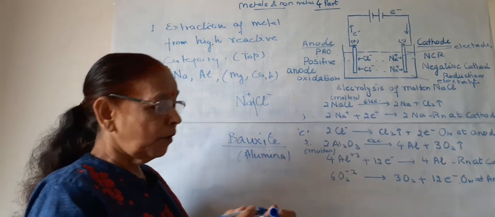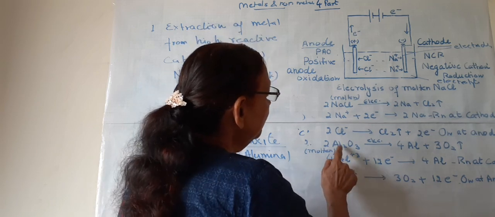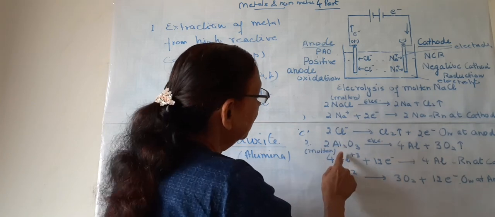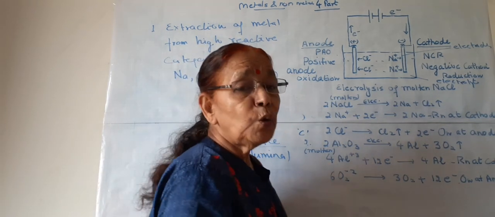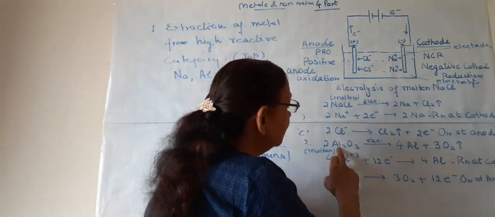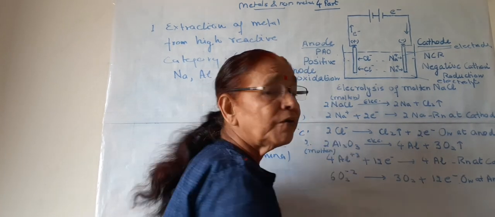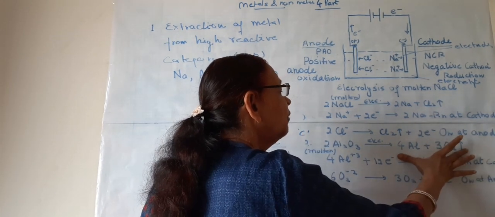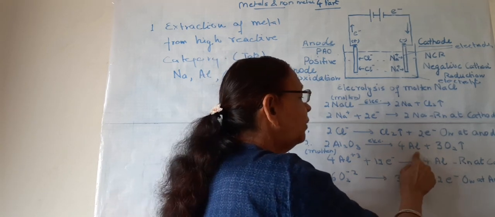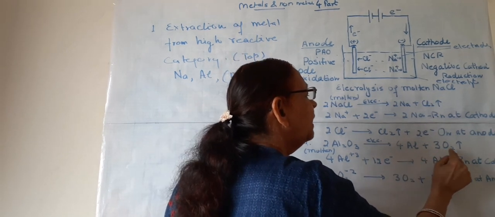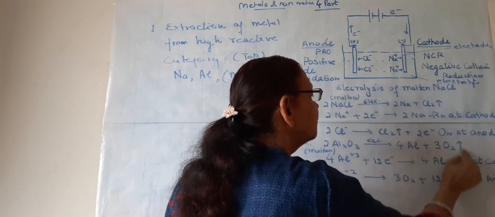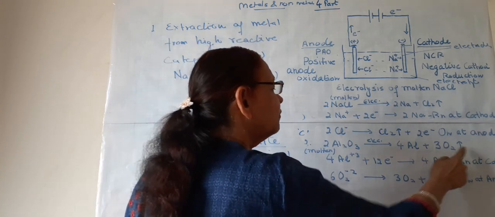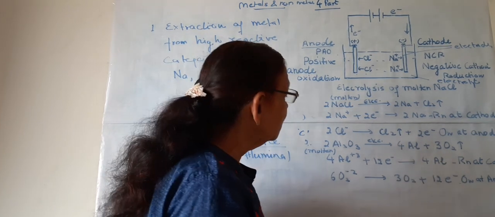So this is also taken in the form of molten alumina, and the formula is Al₂O₃. All of you know the valency of aluminium is 3 and the valency of oxygen is 2. When electricity is passed, this is the overall equation: 2Al₂O₃ gives 4Al and 3O₂, oxygen gas, and aluminium metal is formed.